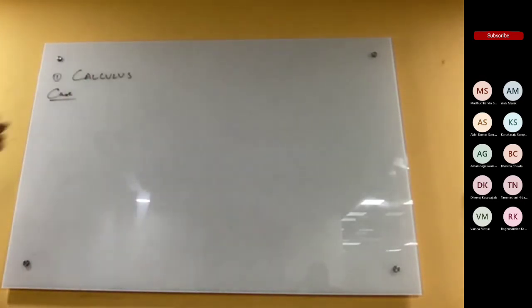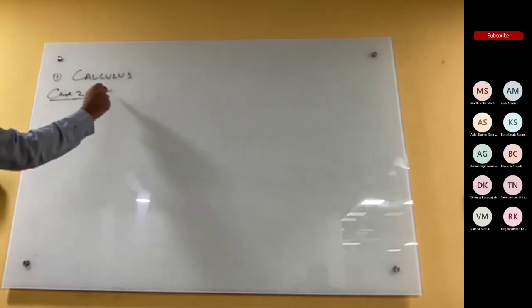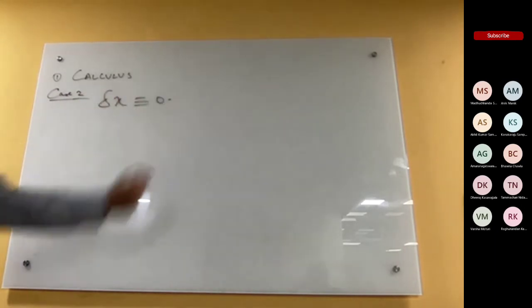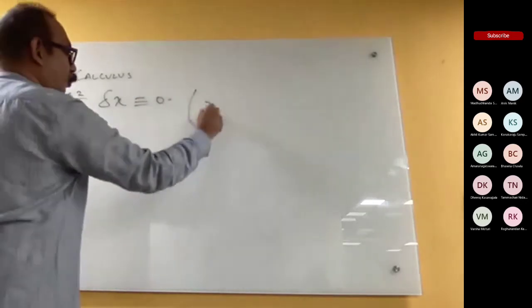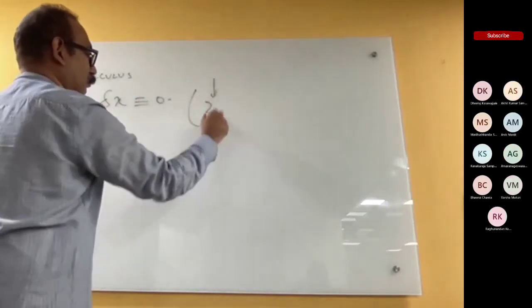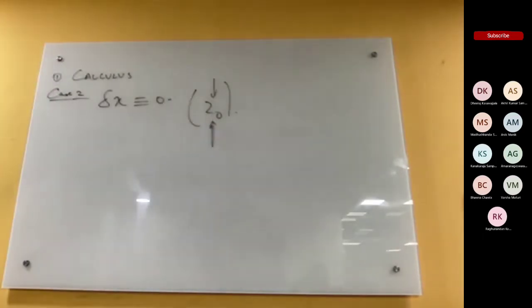You do case 2, you do what? Delta x equals 0. So that means you're approaching z0 only from top or bottom.